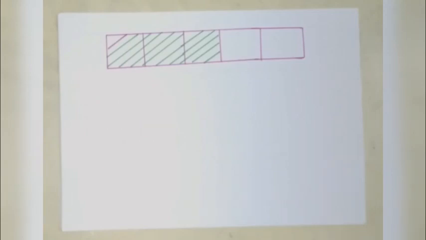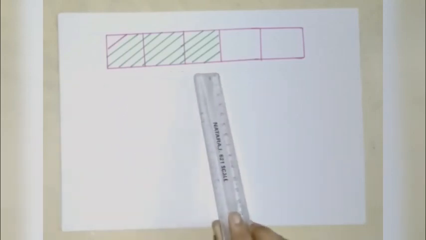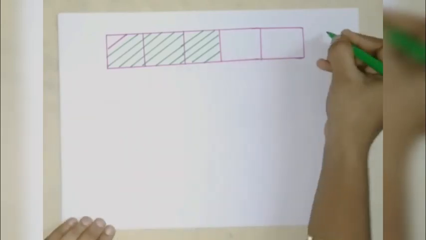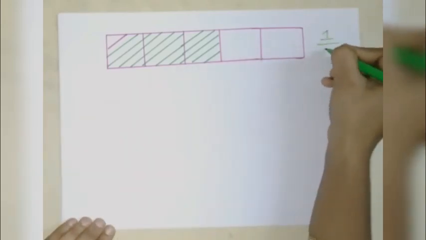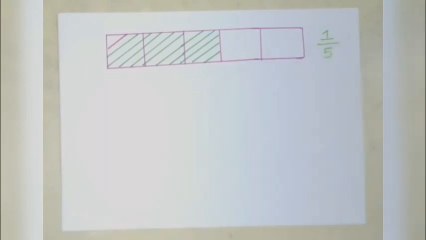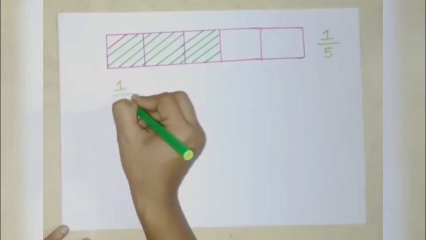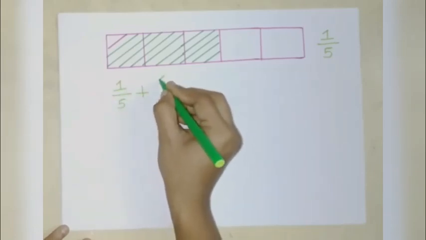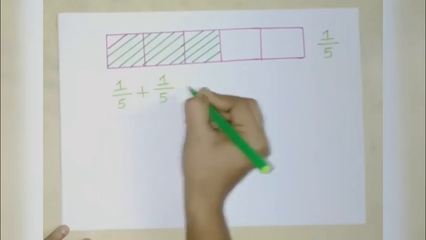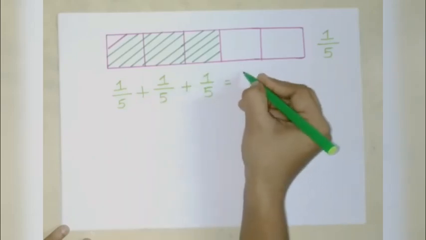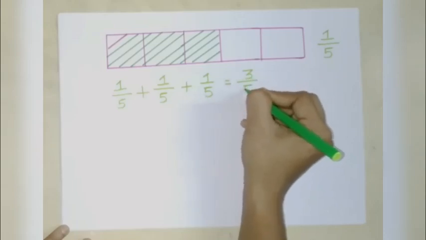Here, a strip is divided into 5 equal parts. It means that each part is 1 upon 5. So children, the colored part is 1 upon 5 plus 1 upon 5 plus 1 upon 5, means 3 upon 5.